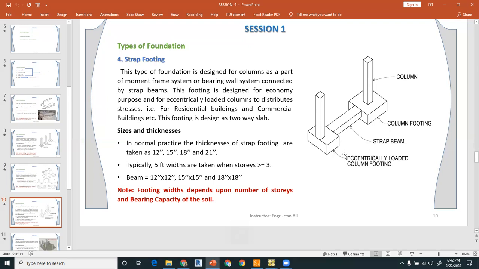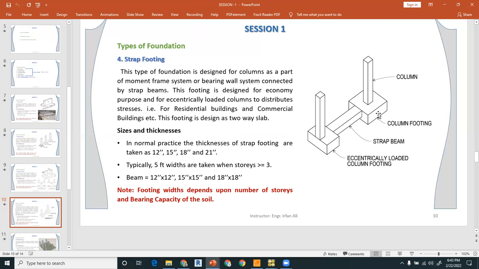For example, if there is a restriction from the architect or from the client that you have to use a maximum footing thickness of 12 inches, right? Because below there is soft soil or there is a water table, or they have already done the lean concrete. So you are restricted to use only 12 inches thickness for this footing. When you perform the analysis and check the punching demand, it will be greater than 1, right?